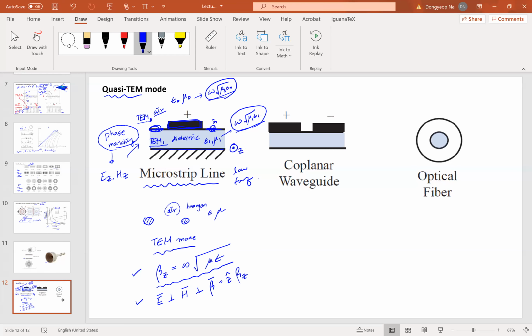This is the z direction, but the degree of the mismatching is very small, so these longitudinal field values are also very small, so the resulting field almost looks like a TEM mode.